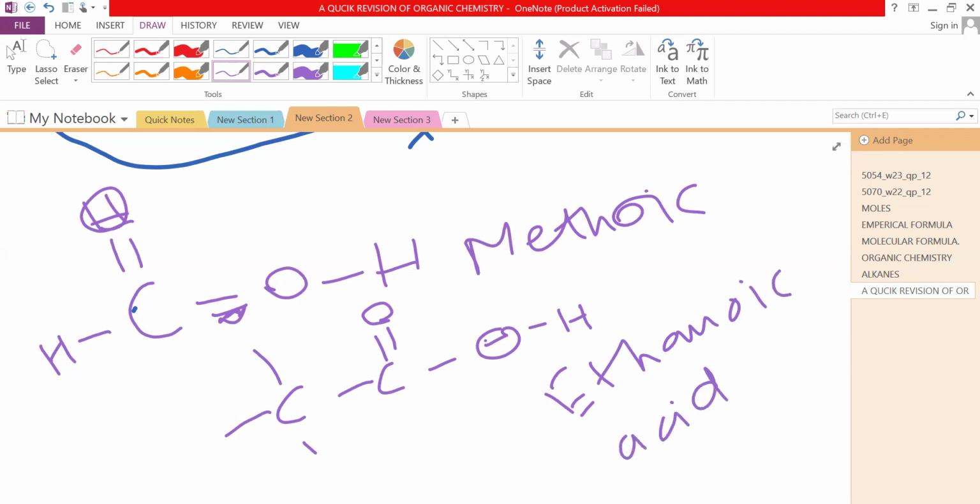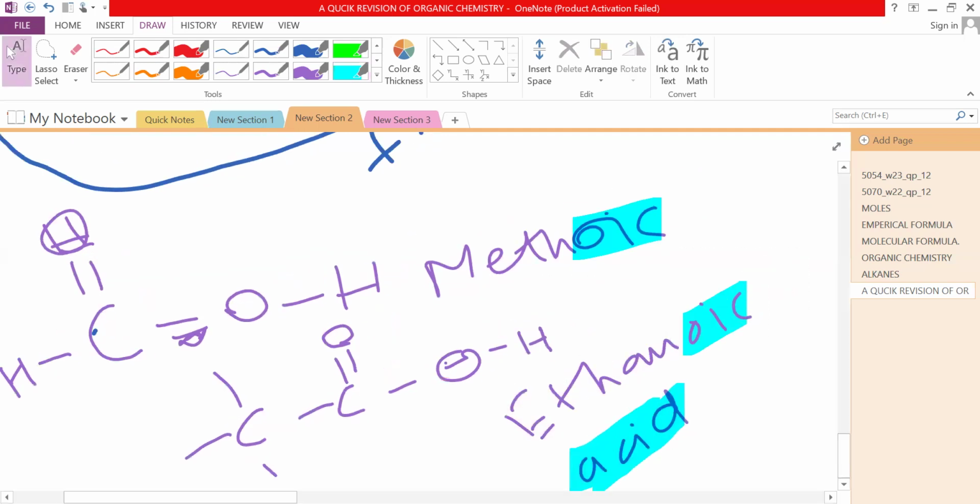From this, you can easily identify that the name of a carboxylic acid ends with -noic acid: ethanoic acid, methanoic acid, propanoic acid, butanoic acid, like this.